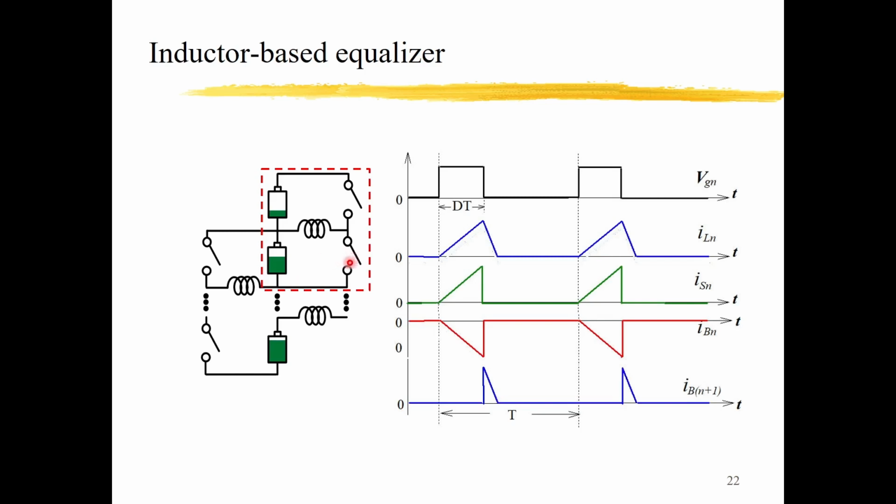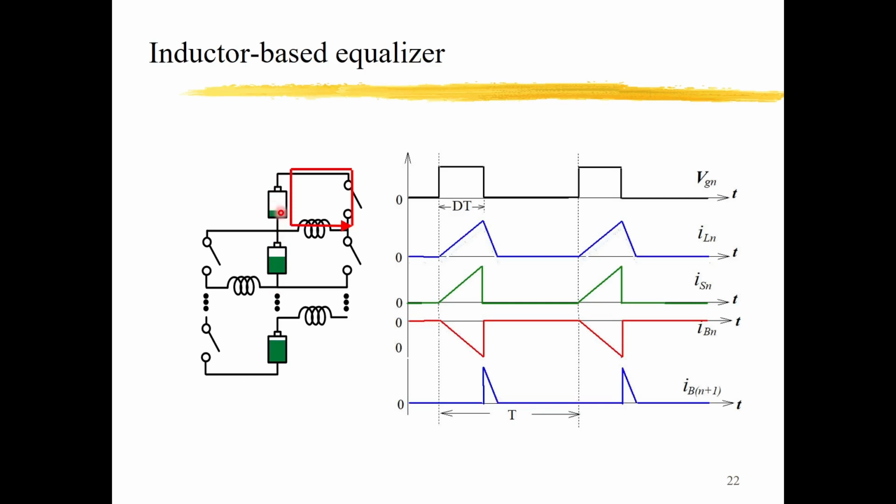And then we turn this switch off and turn on this switch. Then the current will flow this way, because the continuity of the inductor current will force the inductor current to flow in the same direction, and because this switch is turned off, the current has to flow this way to charge the upper battery cell.